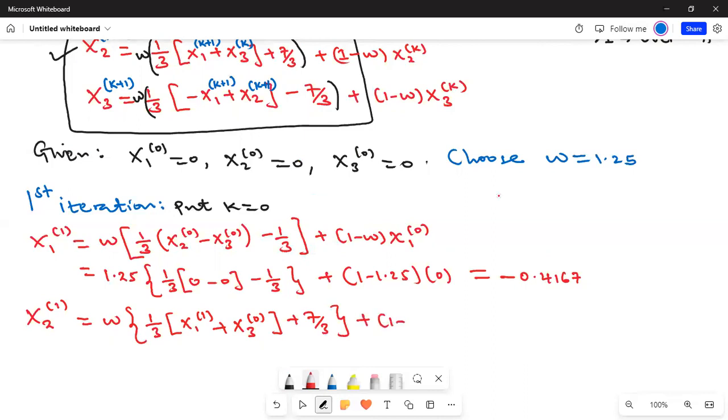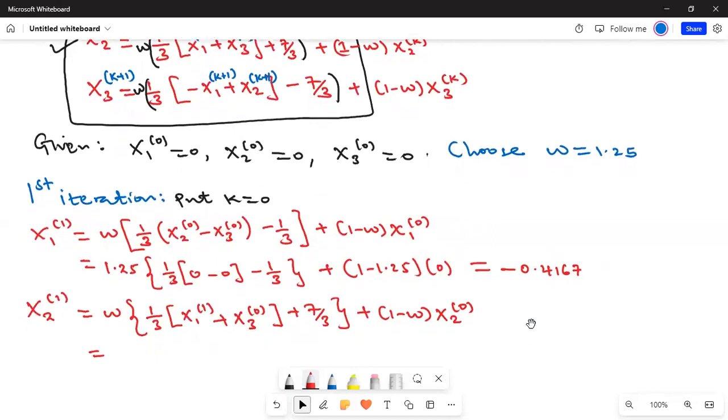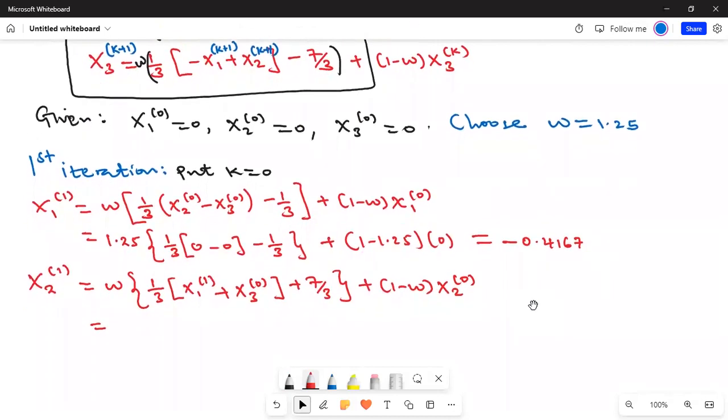Then plus 1 minus omega times x2 at level 0. Again, you need to substitute those values of omega, x1, etc., so that you get your x2 at level 1 to be equal to 1.25.